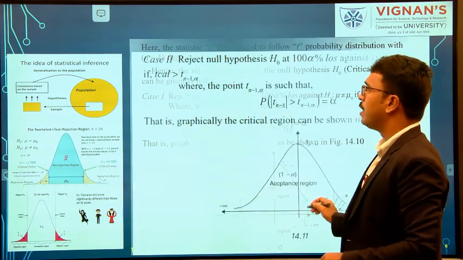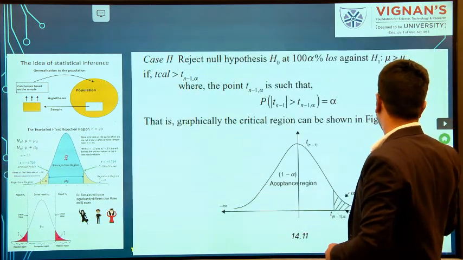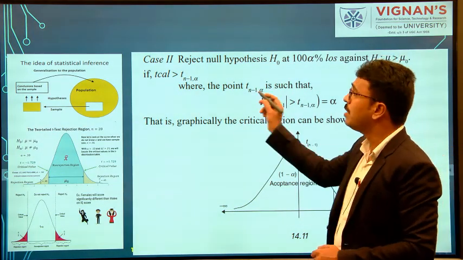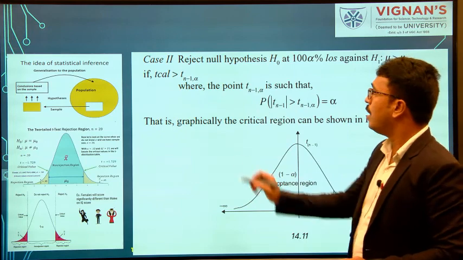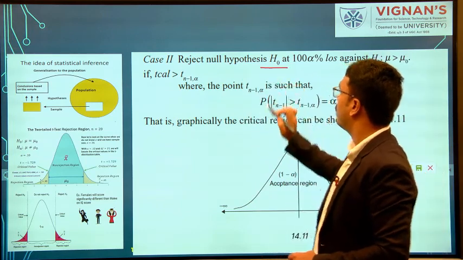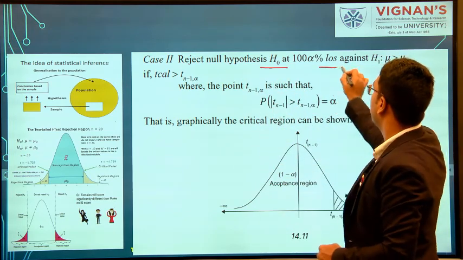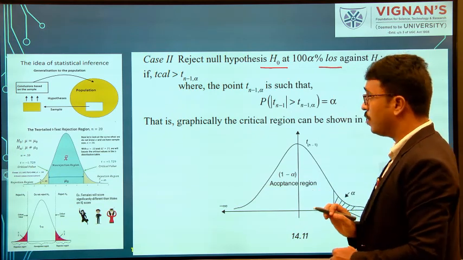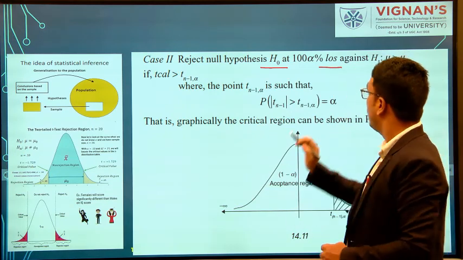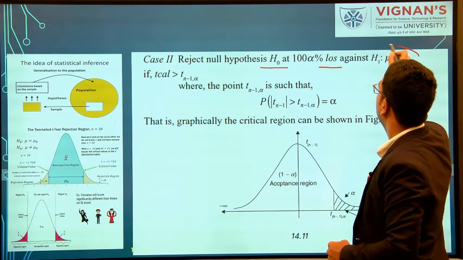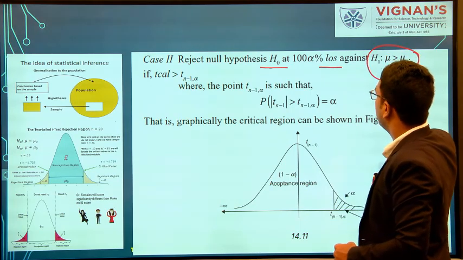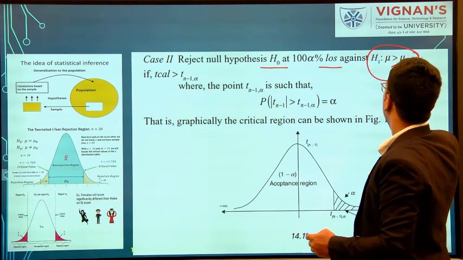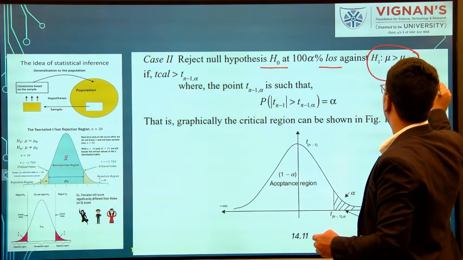When it comes to the second case, here we are doing the rejection of the null hypothesis at this level of significance, and here you can see greater than. In the earlier case, it was mu is not equal to mu naught.